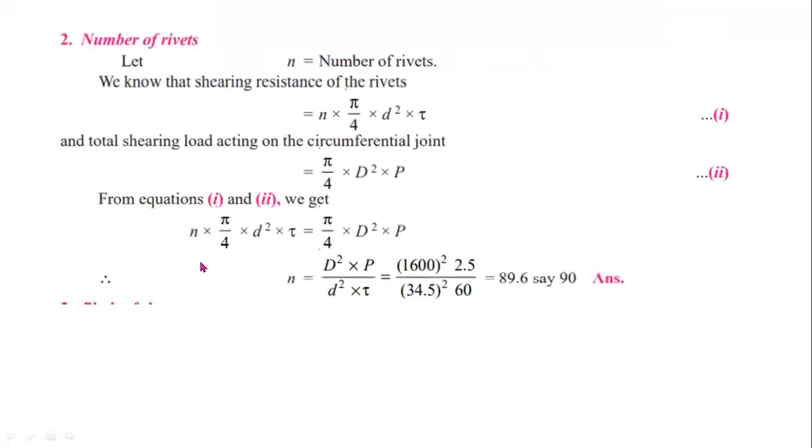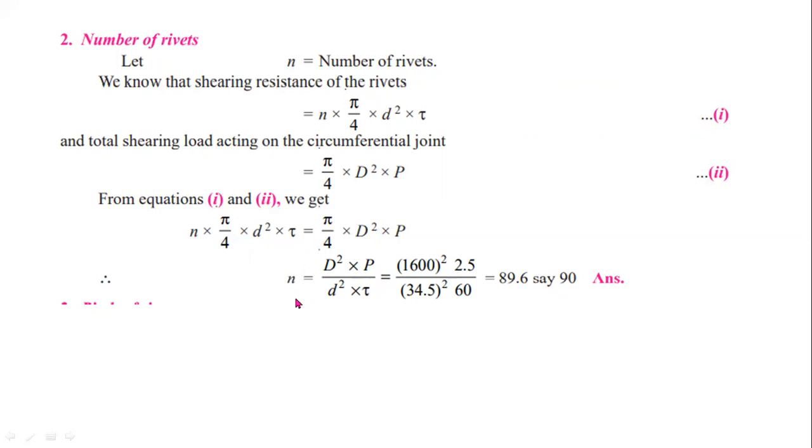In the second step, you have to design the number of rivets required for the circumferential lap joint, that is, the total number of rivets required for making the joint. This is the formula: n into pi by 4 d square into tau equal to pi by 4 D square into p.